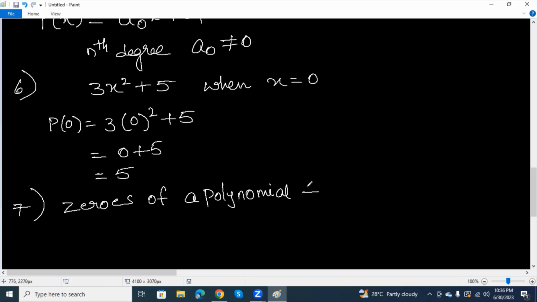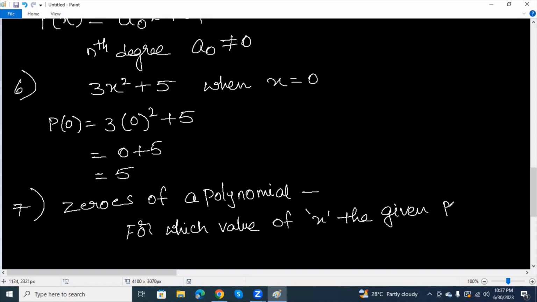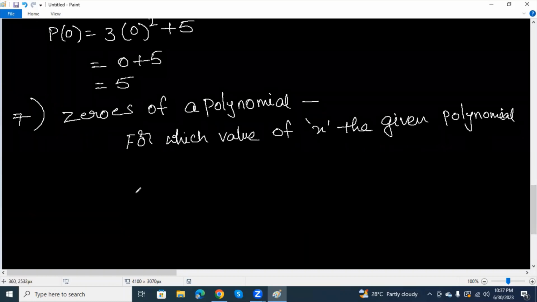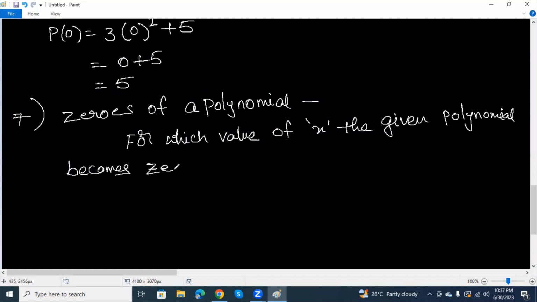For which value of x the given polynomial becomes 0, that is called a zero of the polynomial.